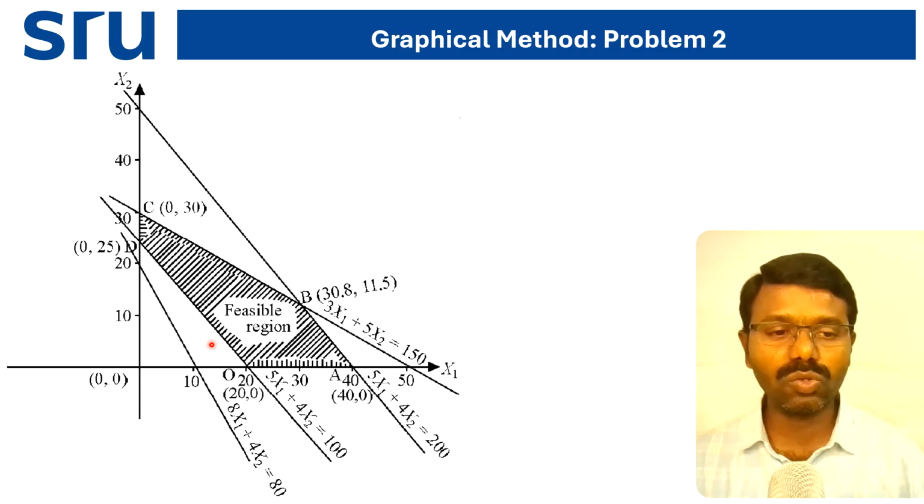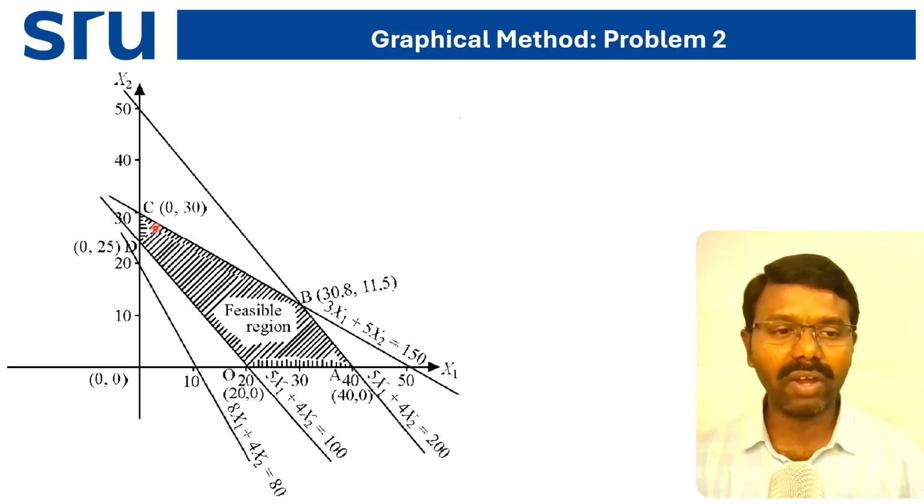So these two equations have the greater than symbol, which means they cover the region away from the origin, but these two equations have the less than or equal to symbol, so they cover the below area. So the finally combined area is this. This is the feasible region.